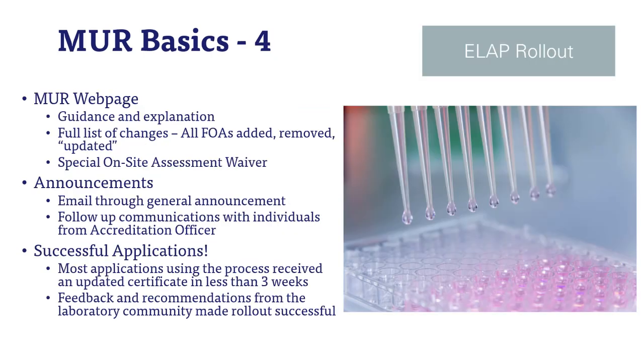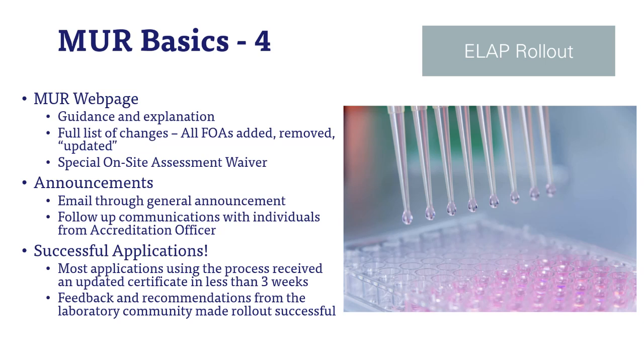After ELAP offers methods for accreditation, we need to inform all the laboratories that these have changed. So for the method update rule in particular, we had a web page dedicated just to the method update rule.